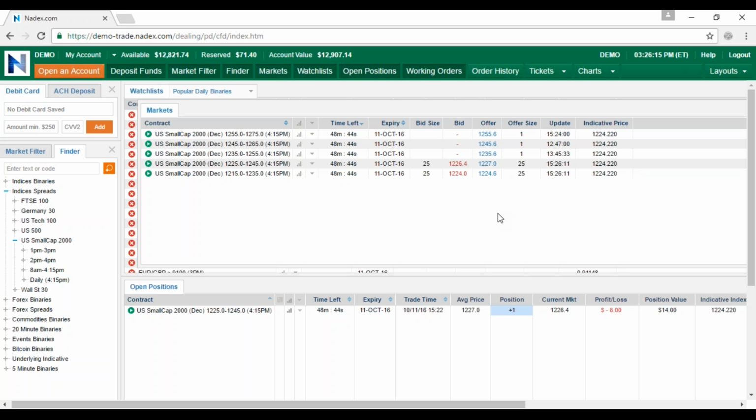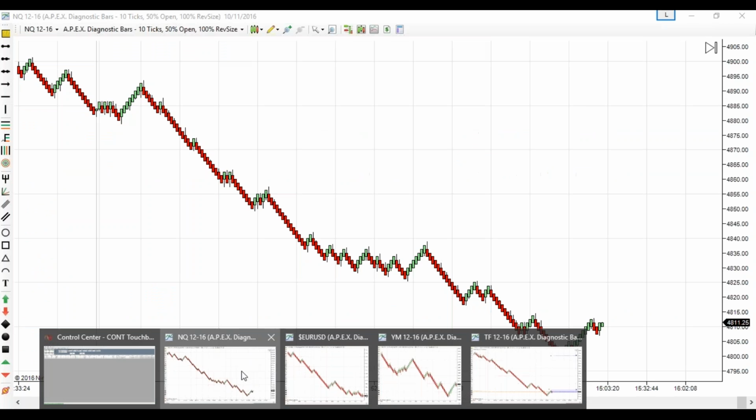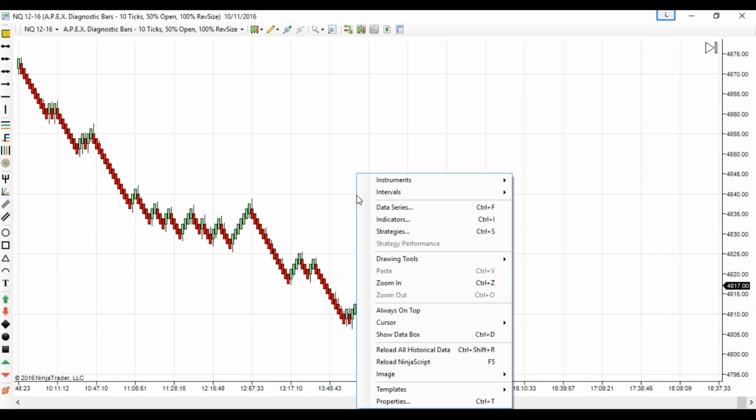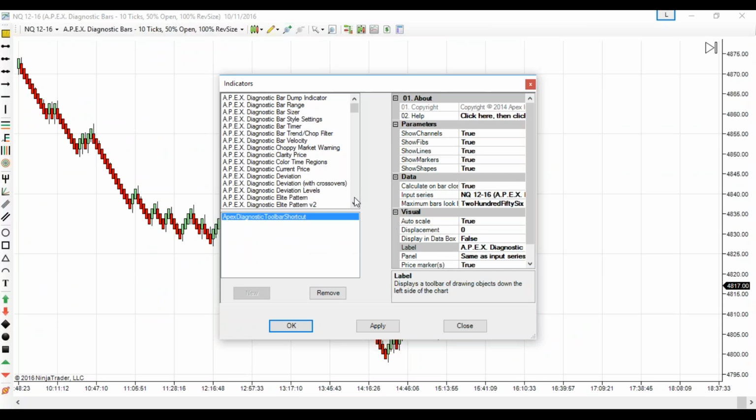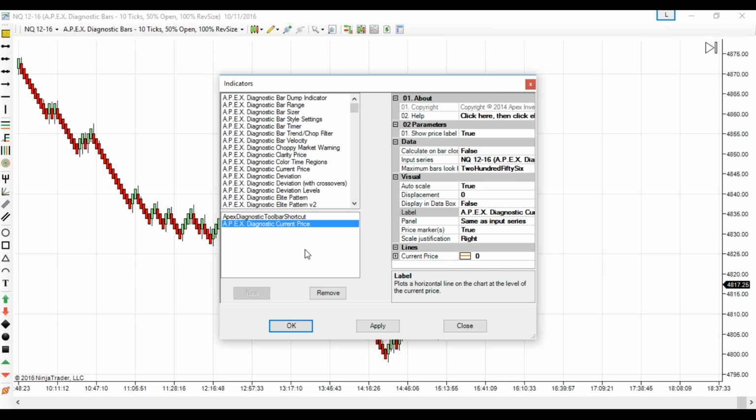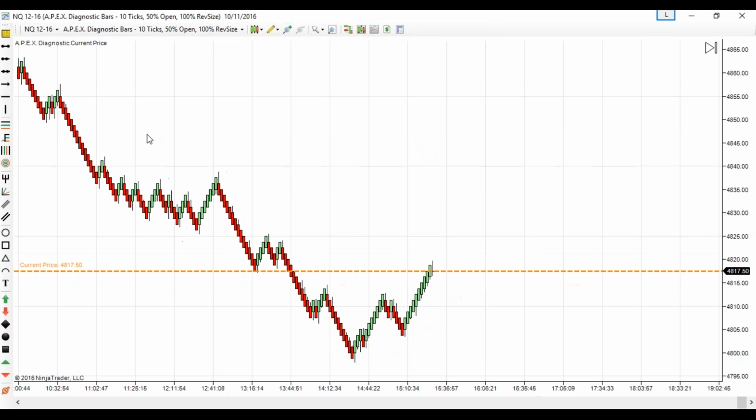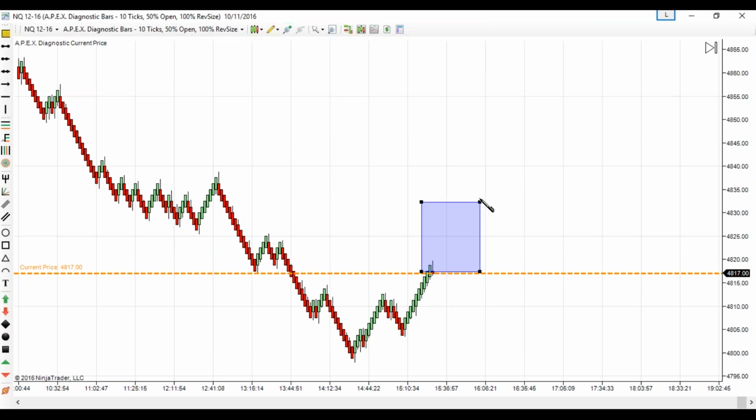Now, let me ask you a question here. I'm going to flip over to just a random chart. Let's say the current price, the market is right here, 48.1750. Let's say there was a spread that's going to open up right now at 48.1750 and go up.